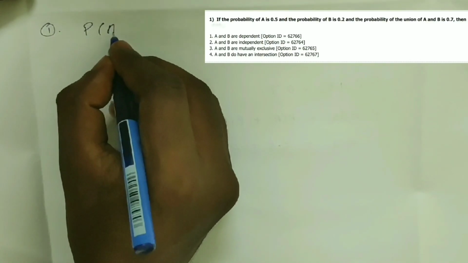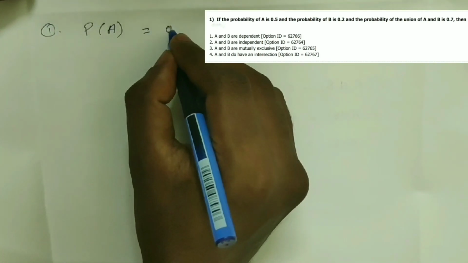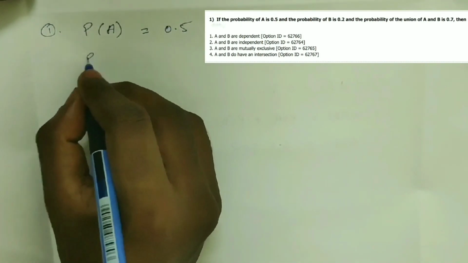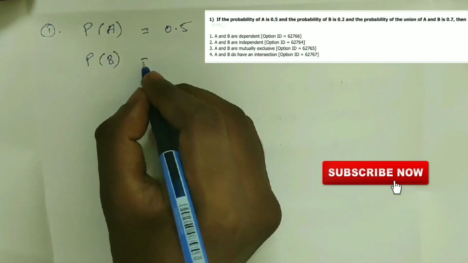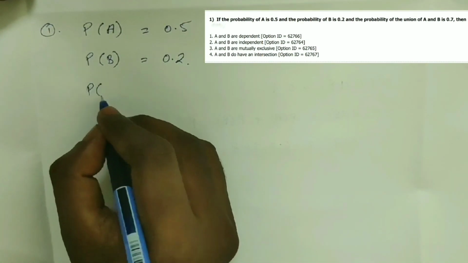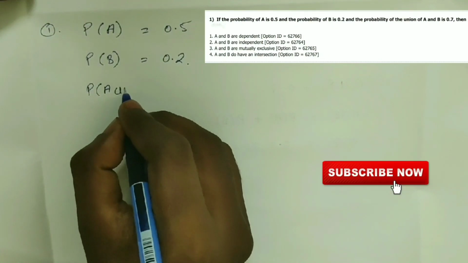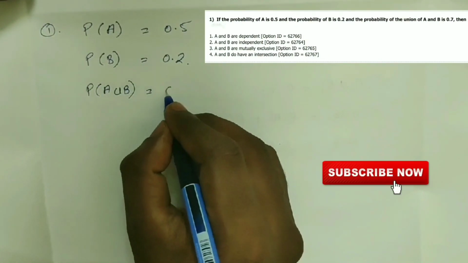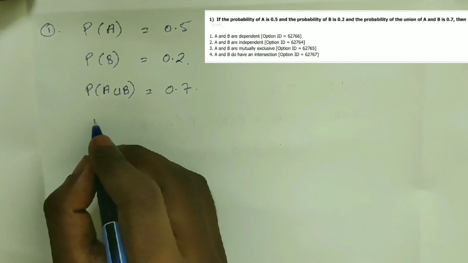Here P(A) is equal to 0.5, P(B) is equal to 0.2, P(A union B) is equal to 0.7.